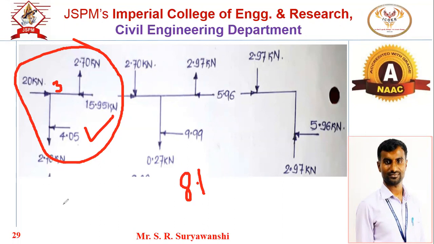And what is the bending moment? The bending moment formula is shear force into L by 2. The total A to B is 6 meters, so L by 2 is 3. So 3 into 2.7 is what? 8.1.